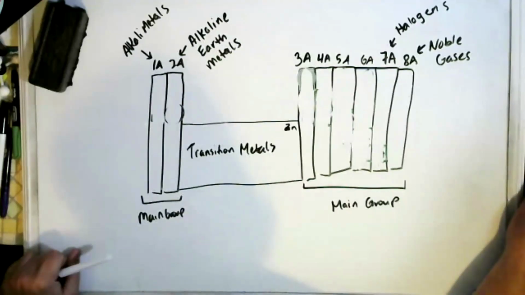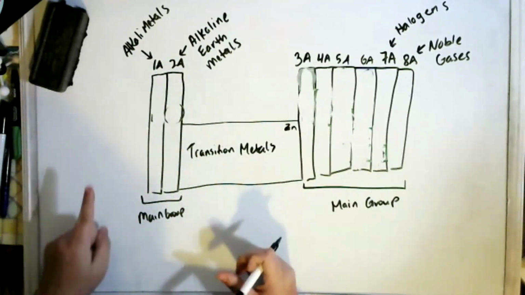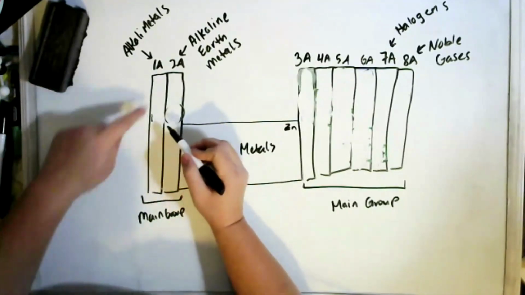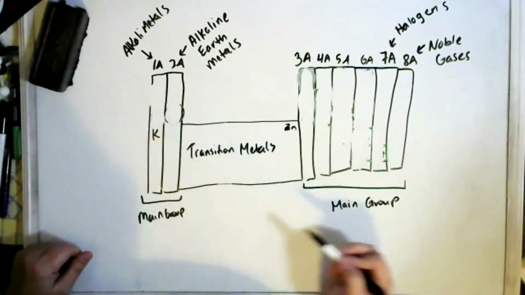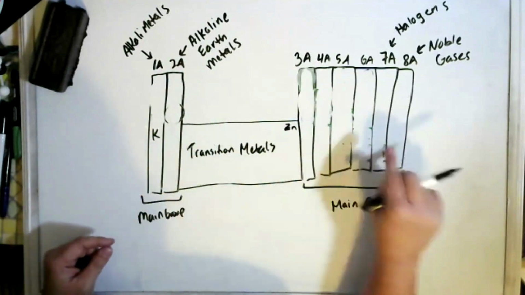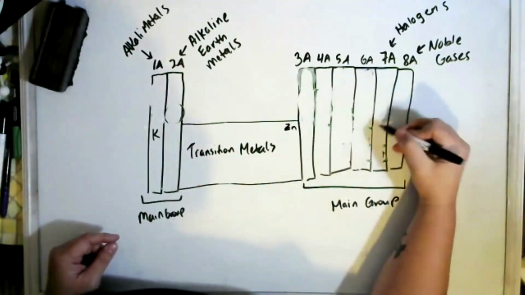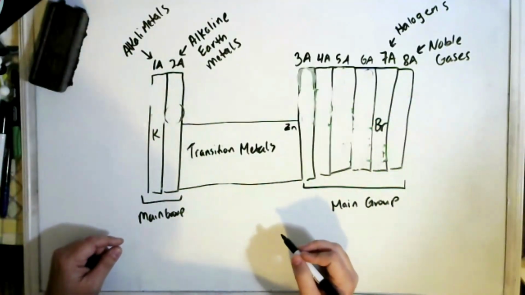All right, so the options that they give us are potassium to start with. So potassium is going to be in our first column. So it's in group 1A. We'll just approximate it down here. They give us bromine, which is all the way over in group 7. Neither of those are transitions.